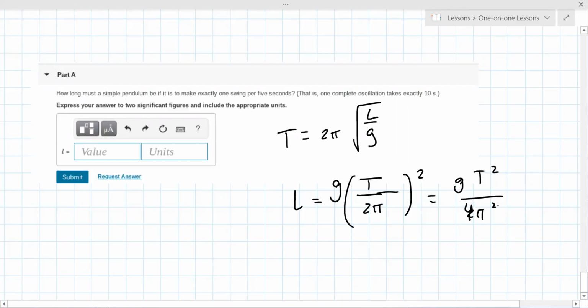G is 9.8, pi is pi. T is what they told you, T is the 10 seconds. You might want a few more decimal places than that, it's 9.81.